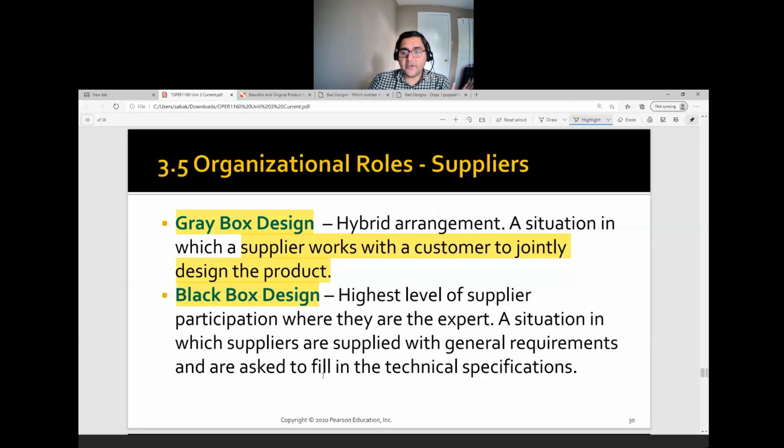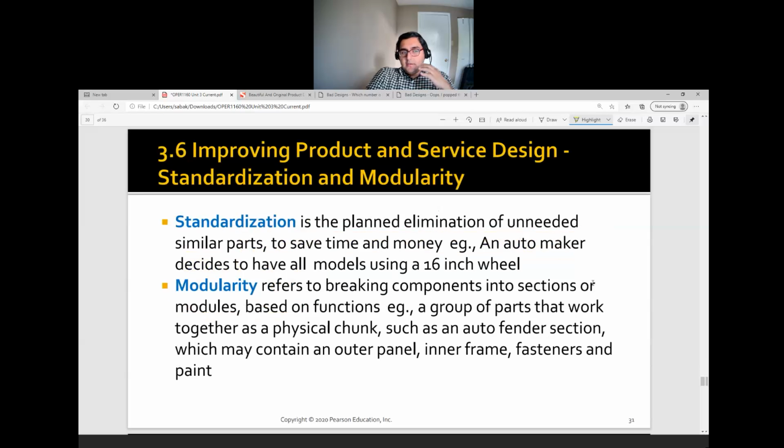So in a black box design, you are not really telling the supplier that you are creating a new product. It's more of a transactional type of relationship, whereas in a gray box design, it is a far more collaborative approach. So it depends on the level of relationship which you have with your supplier. That's what mostly decides which type of design you will be going ahead with.